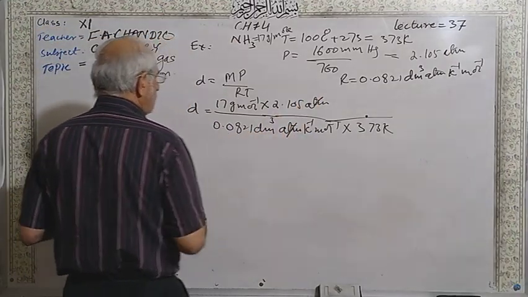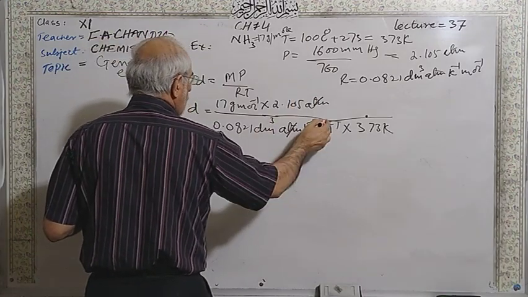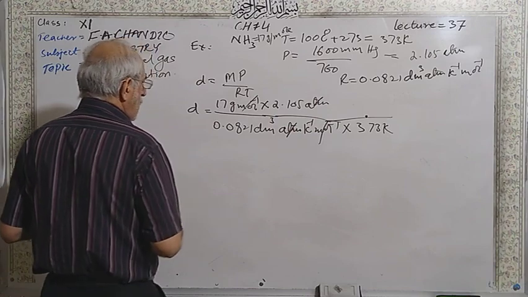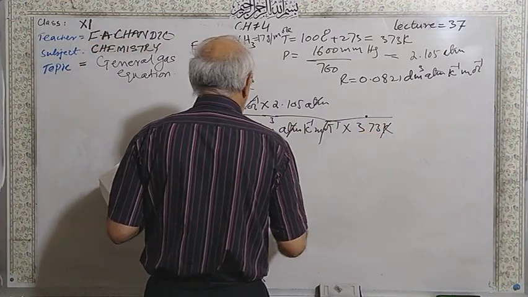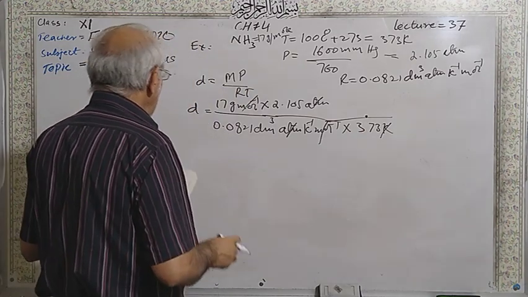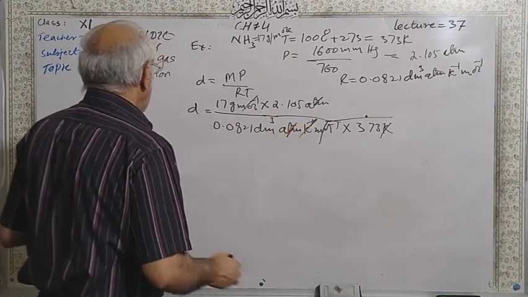So atmosphere is cancelled. This is per mole, it will go with the mole, so this is cancelled. And Kelvin is cancelled with the Kelvin here.